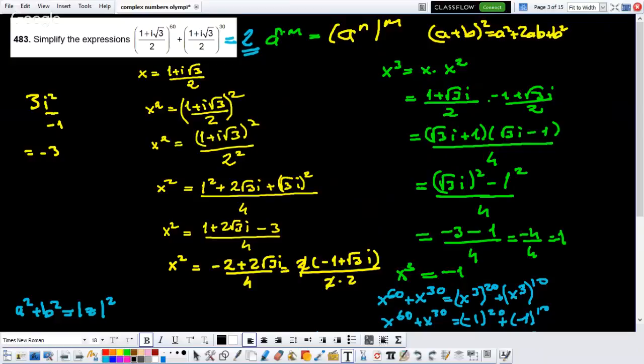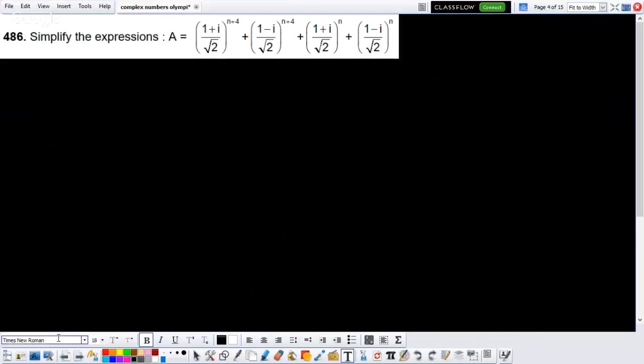Okay, I'm going to continue. While you're writing, I'm going to continue with the second question. Here we have one question about the power rule again, and one complex number, 1 plus i over root 2.